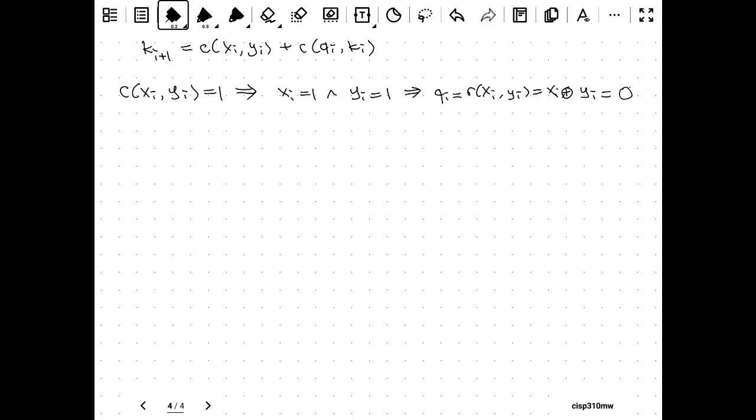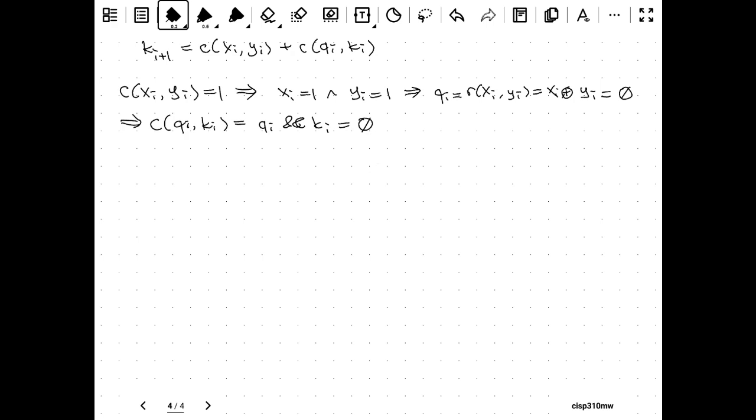So this whole thing has to be a 0. Well, if Q of I is a 0, what do we know about C of Qi Ki? This also has to be a 0, because C of Qi Ki is the conjunction between those two. If one side is a 0, the whole thing has to be a 0. All right, part 1 is done.